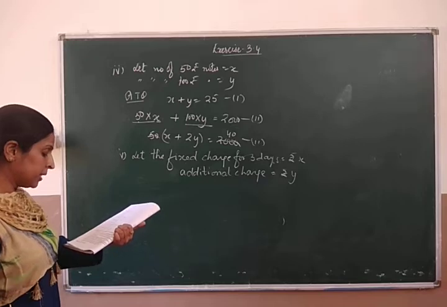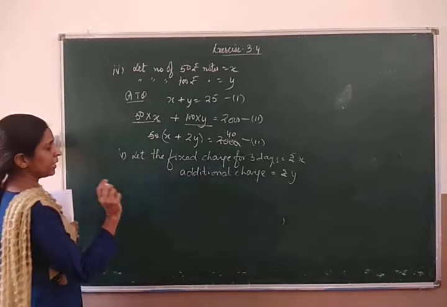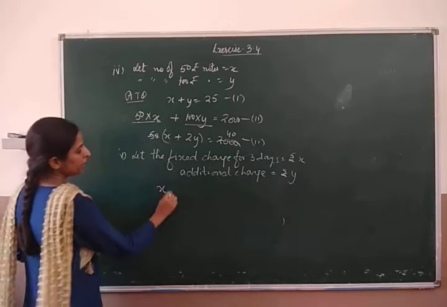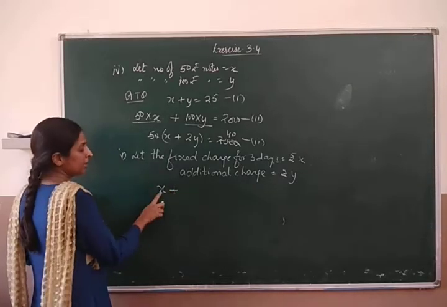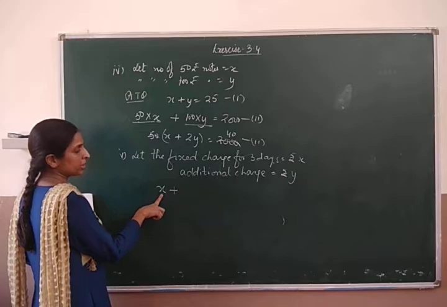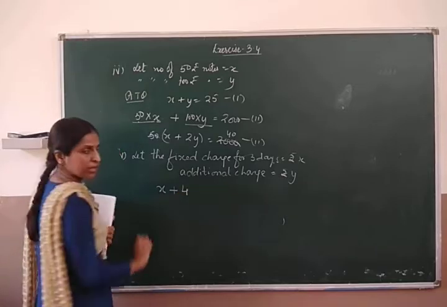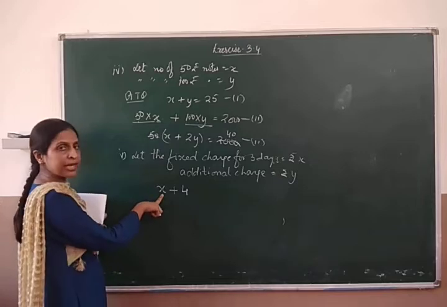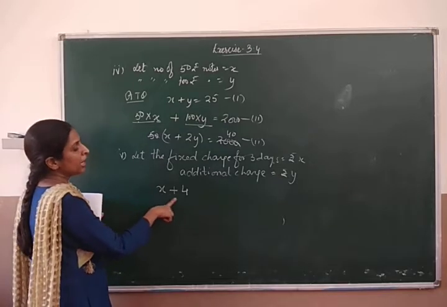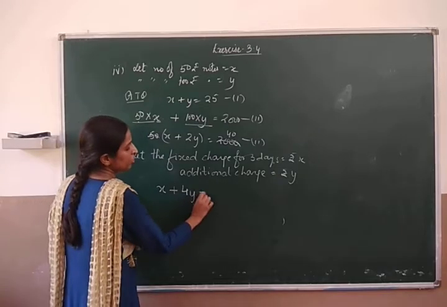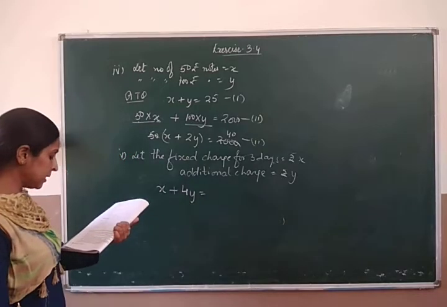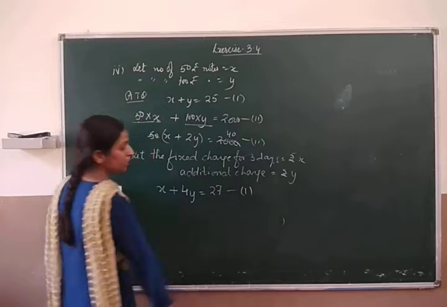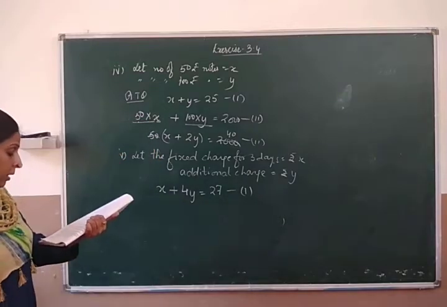Sarita paid rupees 27 for a book kept for 7 days. 7 days means for the first 3 days it is x rupees, and how many days are remaining? Out of 7 days, 3 days are already charged, 4 days are left. Have you got it? Total 7 days, out of which for 3 days x amount was the fixed charge, and for the remaining 4 days she has to pay more money, the additional charge, and in the same way she has to pay rupees 27 in all.